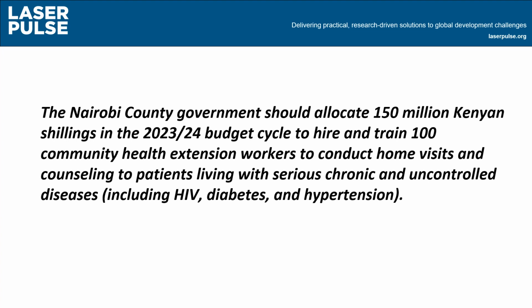Note the actor specified, the action requested, the money allocated at a certain time for a specific purpose, and a clear outcome identified. Do you always need to be this specific? Not necessarily, but be as specific as you can and have your partners assist.